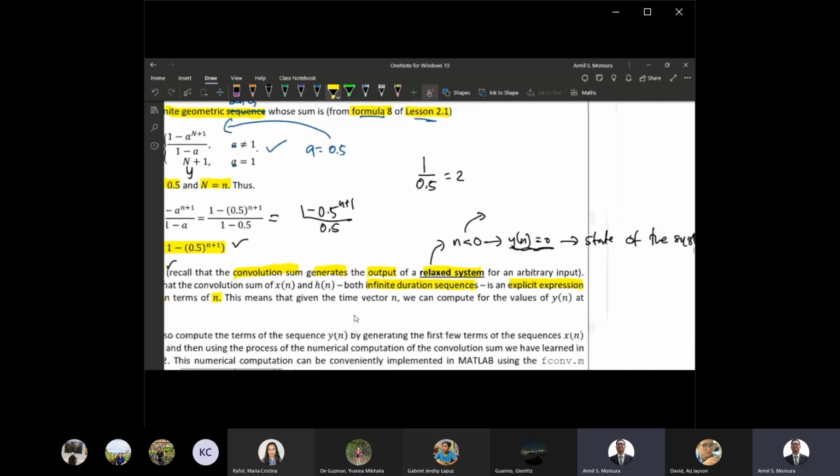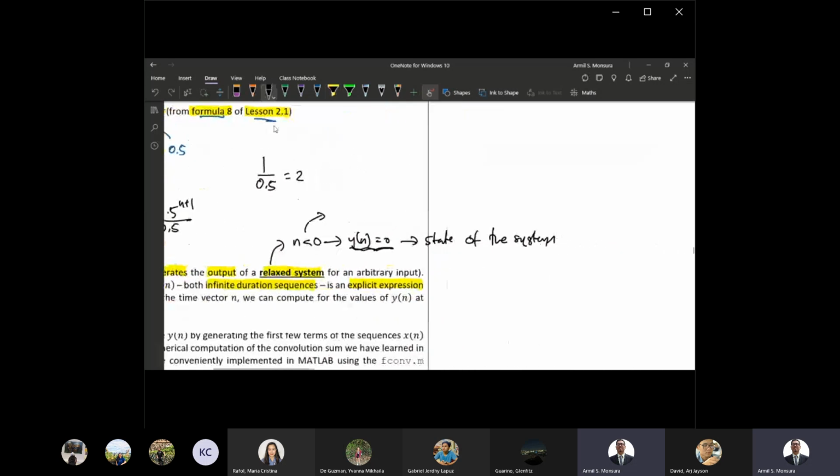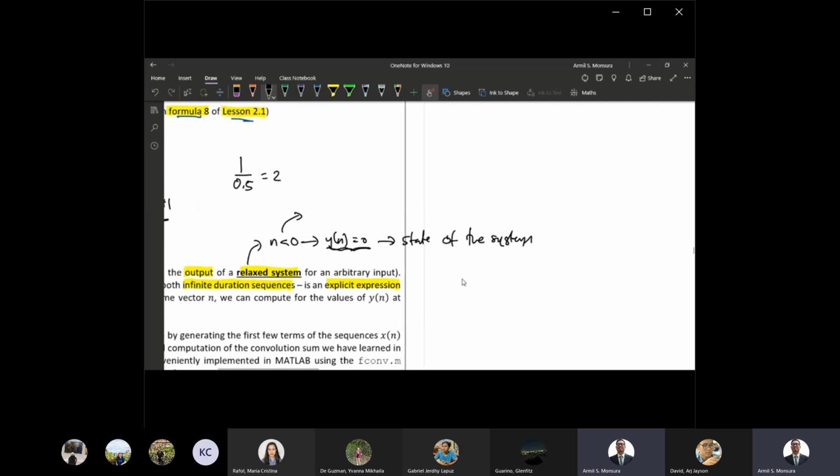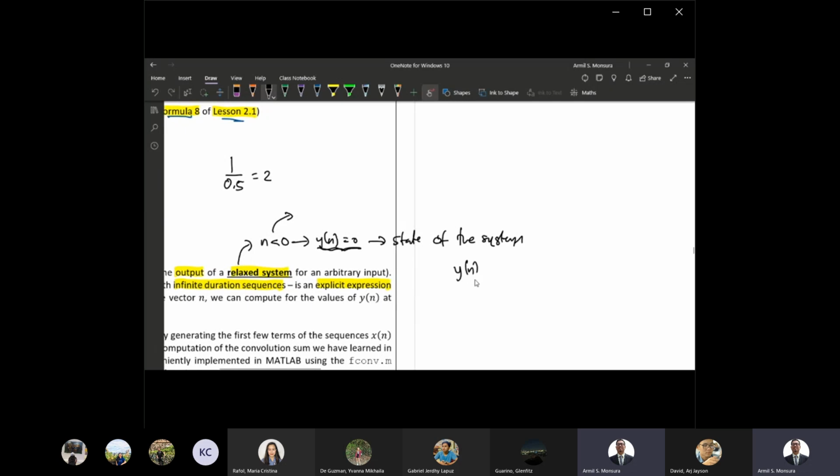So, ito yung sinasabi ko before, na ang objective natin dito, one of our objectives in the analysis of systems is to determine y of n, or determine the output sequence, as a function of n. So which means itong right side natin should just simply be an expression containing n only as a variable.